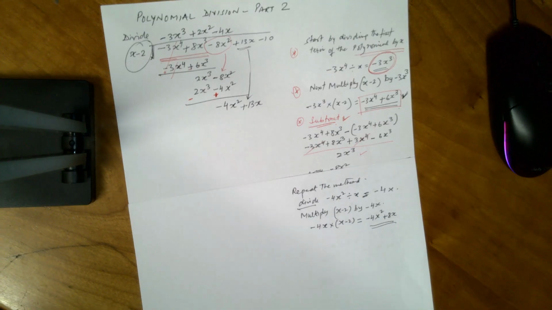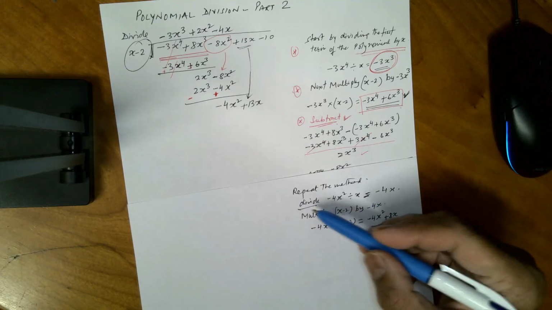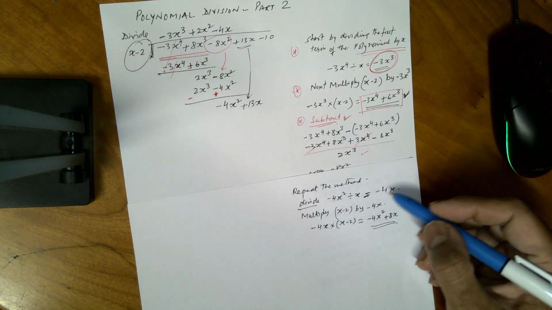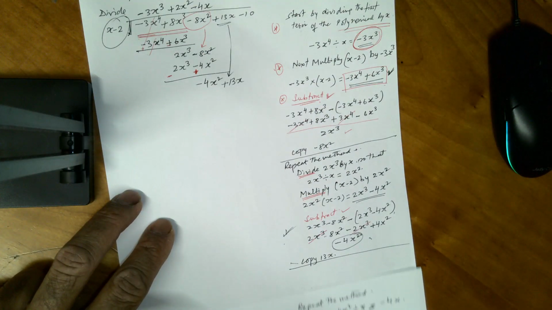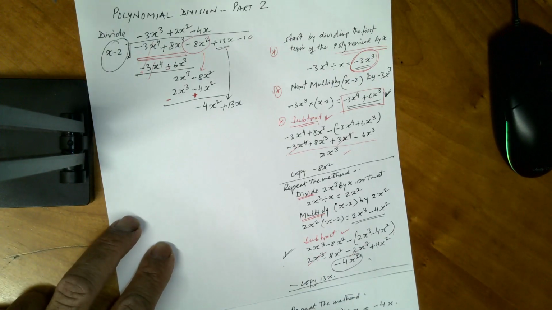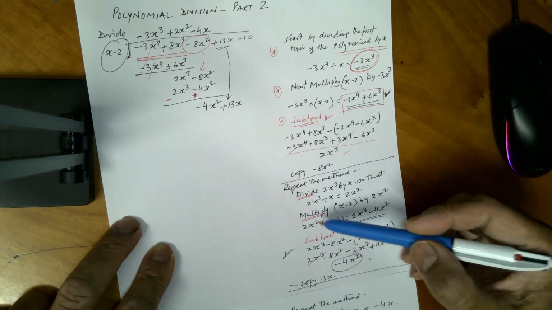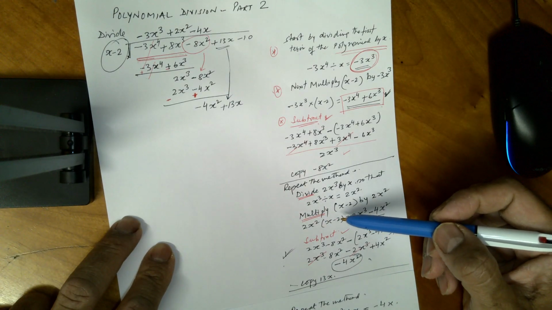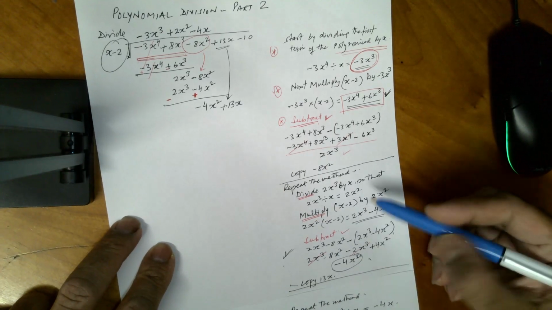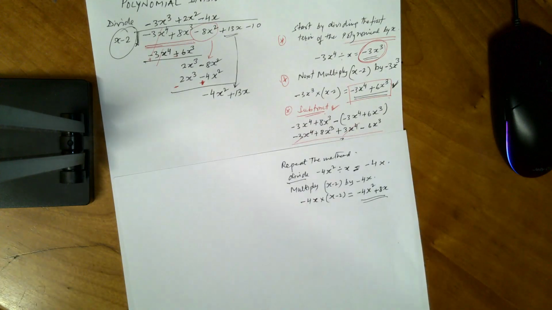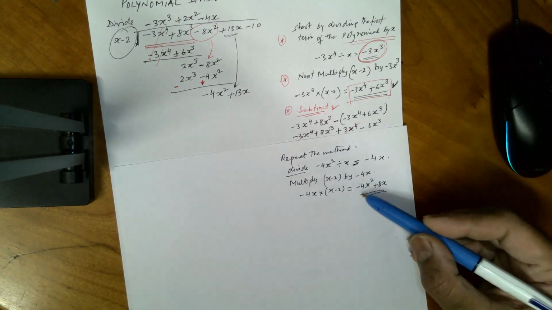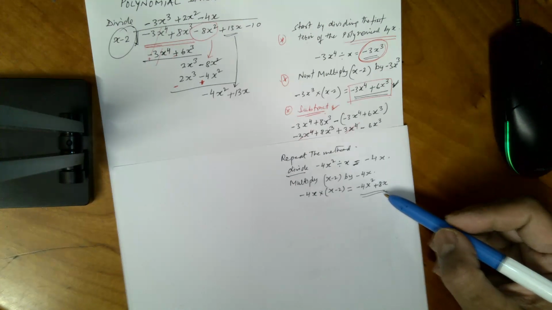Now, one thing I would like to say to you: when you divide, and whatever you get after the division, you had this. Once you multiply and whatever you get after that, like in here you have minus 4x squared and plus 8x.